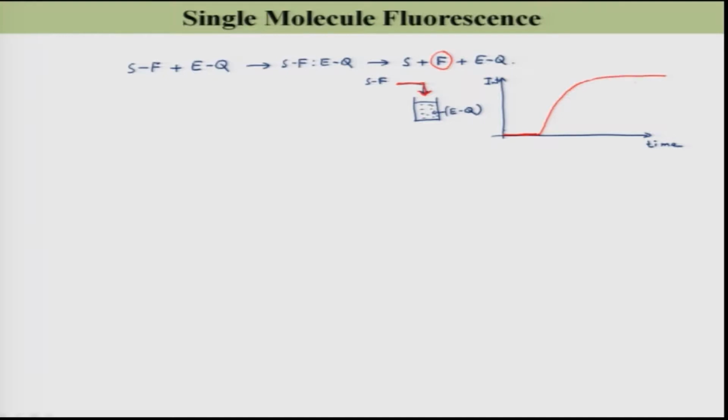From here you will be able to say what the rate constant of this reaction is, and you can now change the temperature and the environment and see how the enzymatic reaction depends on those. But now consider that when you are mixing SF with EQ, obviously you need some time.